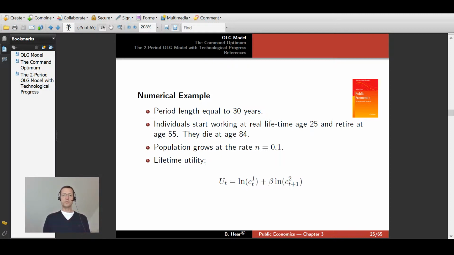So instantaneous utility in young age is given by the logarithm of consumption in young age, C1t, and utility in old age is given by the logarithm of consumption in old age, C2,t+1, and utility in old age is discounted by the factor beta.